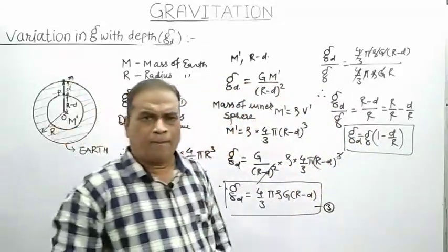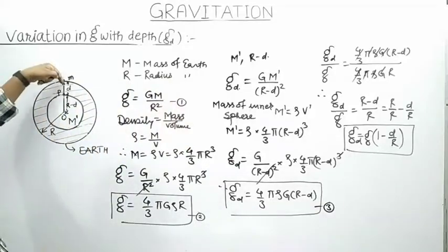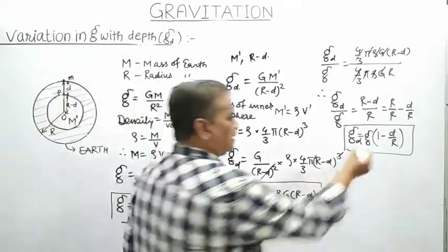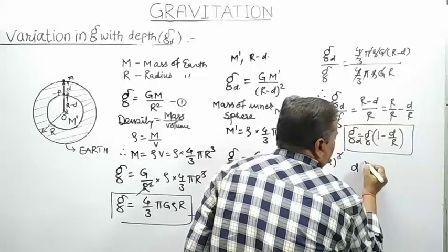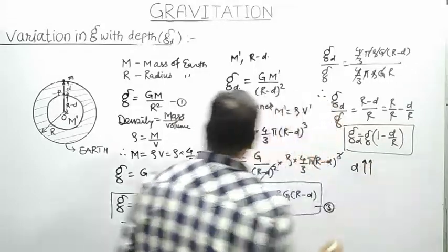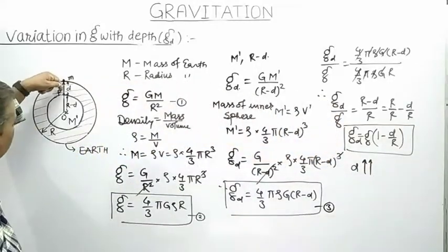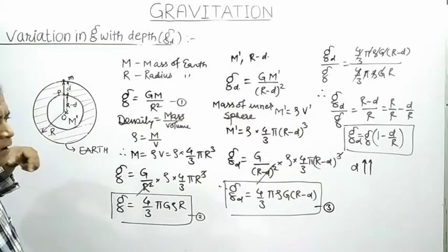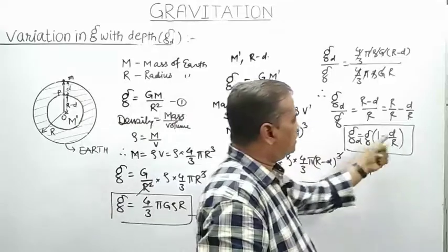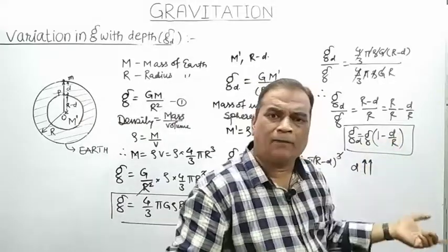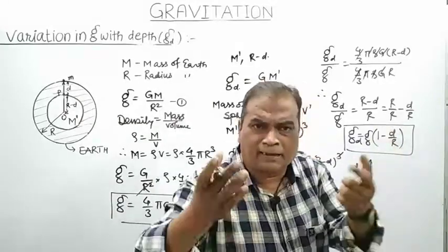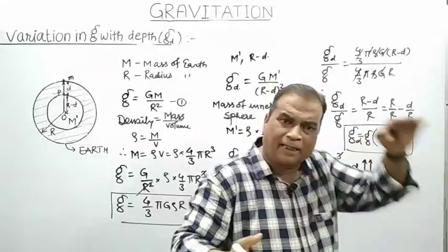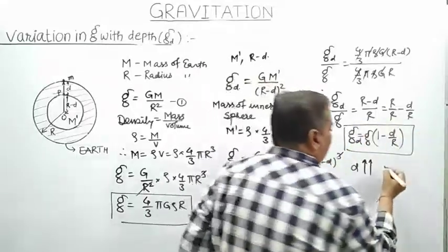See here, if the depth of the object goes on increasing, that is, when the object is moved inner and inner, near to the center, with the increase in depth, this is d by R. When d increases, d by R increases, which means 1 minus d by R decreases, which means gD will decrease.